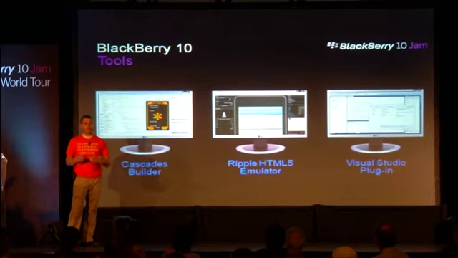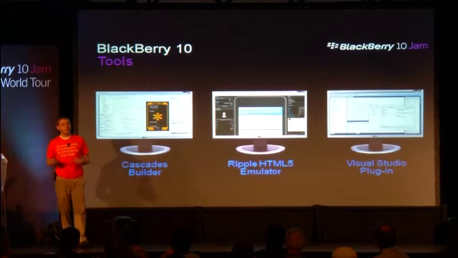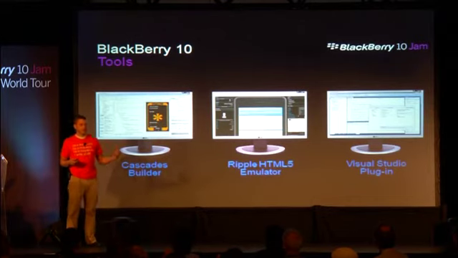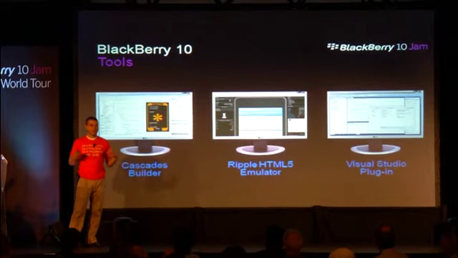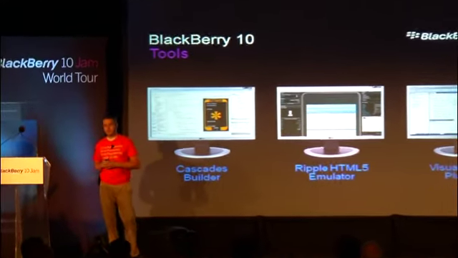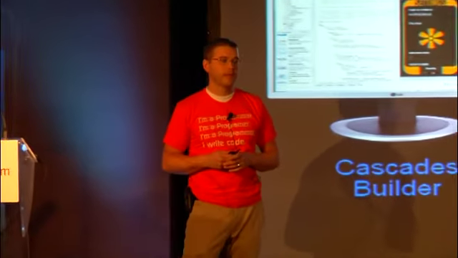If you want, you can do all of your coding in Cascades in JavaScript, or you can choose C++. There are a lot of different options and ways for you to build that tooling to be able to drag and drop into your code editors. So we've been putting a lot of effort in and brought in a lot of people with vast experience building tooling to bring that to BlackBerry 10.